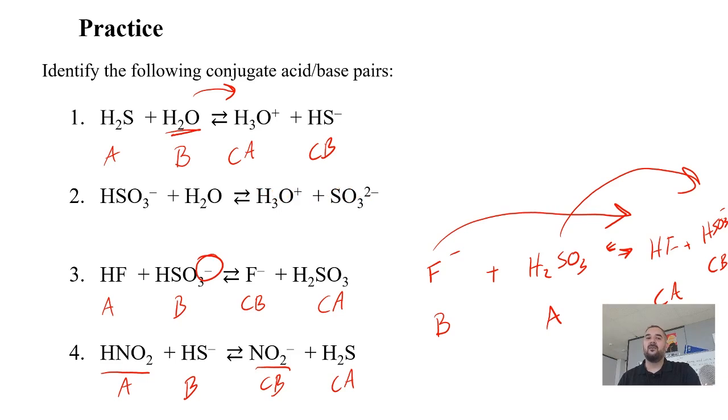But you're not going to see questions like that. To answer a question like that, you just have to know that water is more basic than this stuff. In this scenario, really, this is a base and this is a base, but this one is more base. And because this one is more base, this one is acting like an acid.